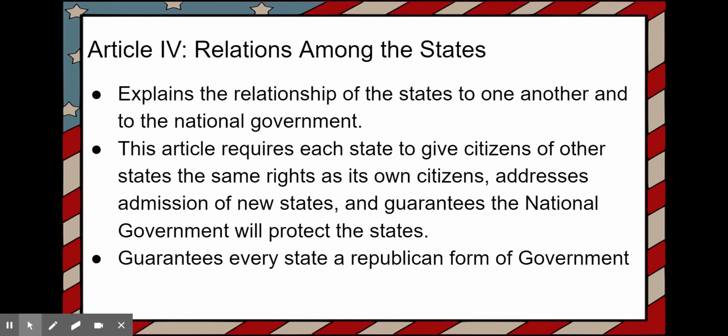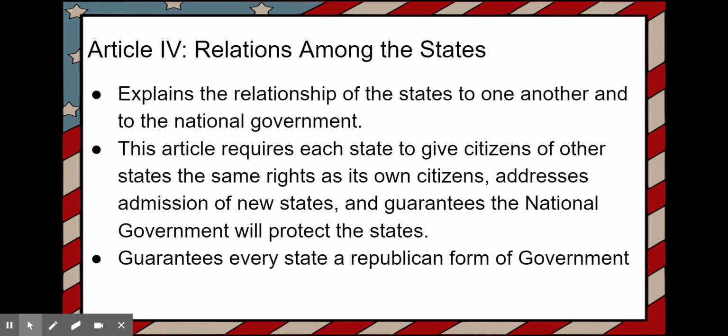You have to have so many people agree to move to this territory. Then you have to have so many more people to where you get a Congress. And you have to have so many more people before you get a governor. Then you have to have so many more people to where you can put in an application to the United States to become a state. Then you have to wait to see if that gets approved. It's a long process, but there are just certain steps that are set up by this article. And it guarantees the national government will protect the states.